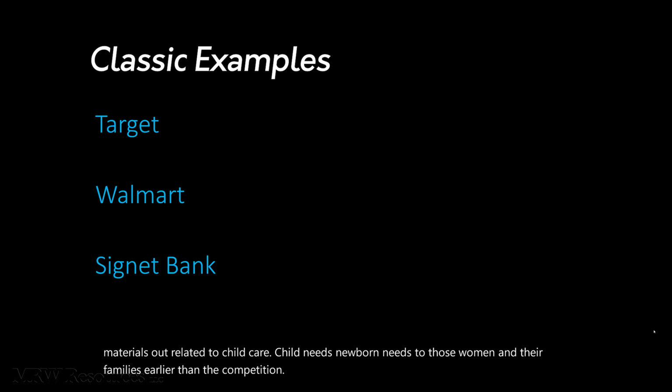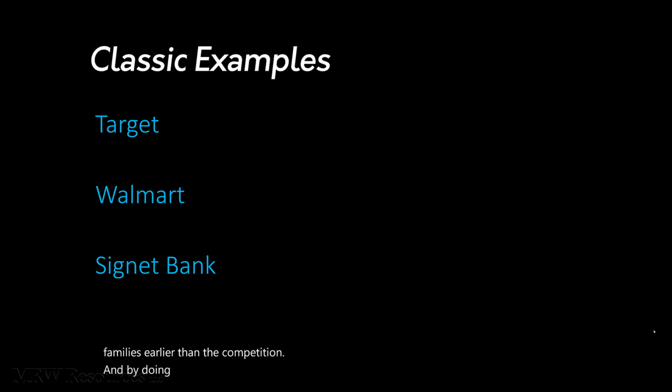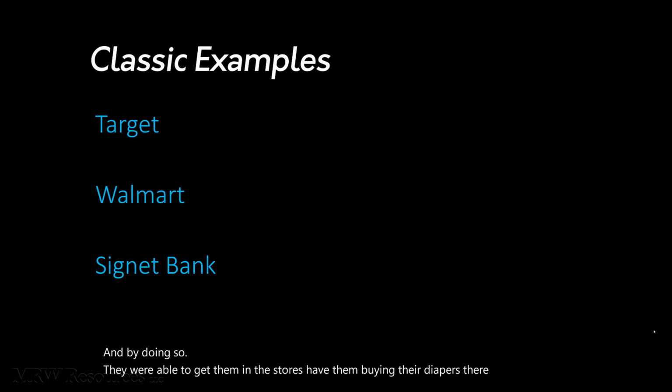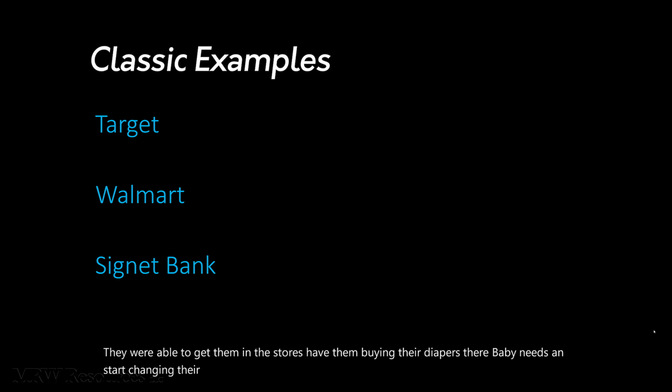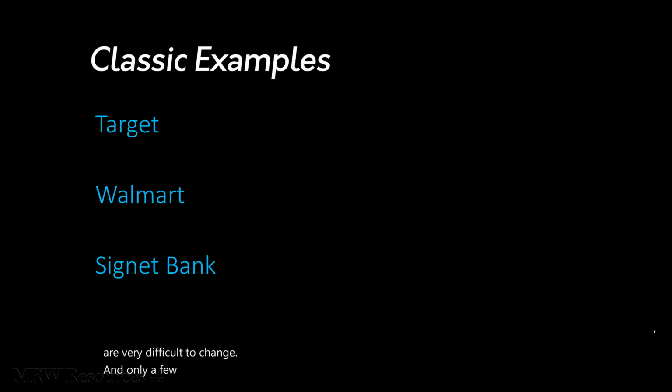And by doing so, they were able to get them in the stores, have them buying their diapers, their baby needs, and start changing their shopping habits, because most of us have a bunch of ingrained habits that are very difficult to change. And only a few key events in our lives are big opportunities for companies to help us change them.